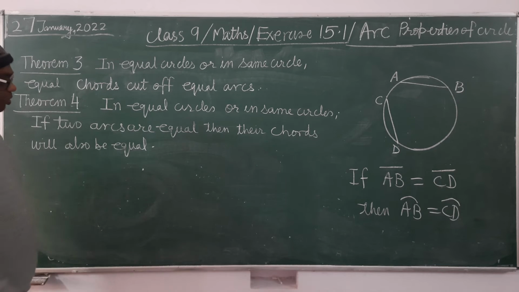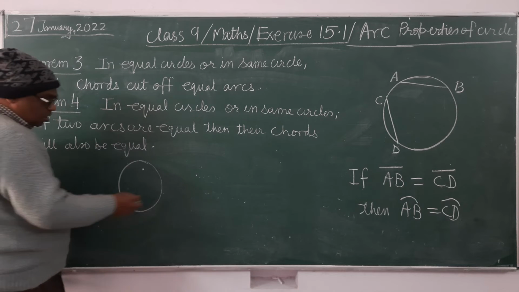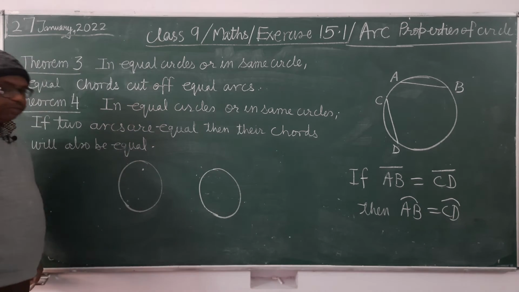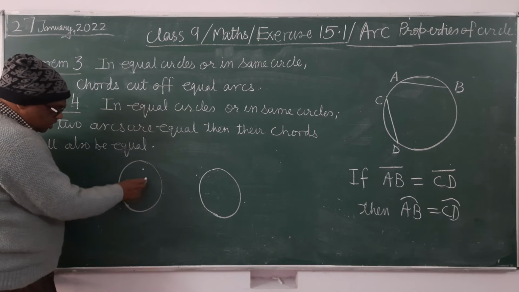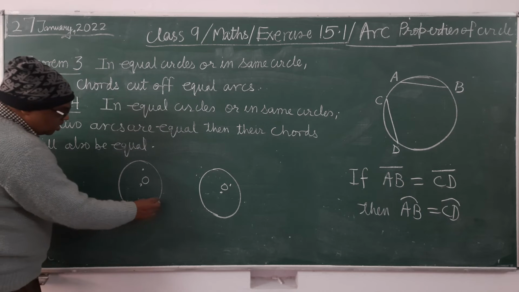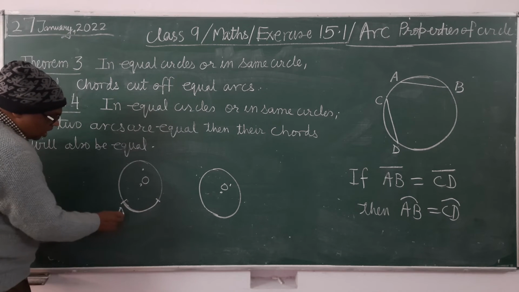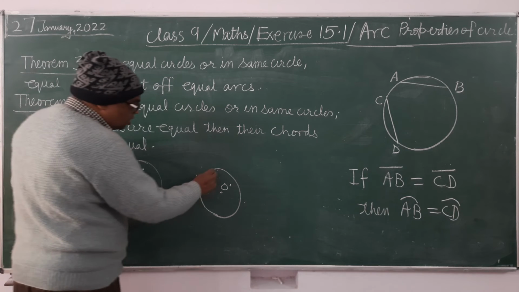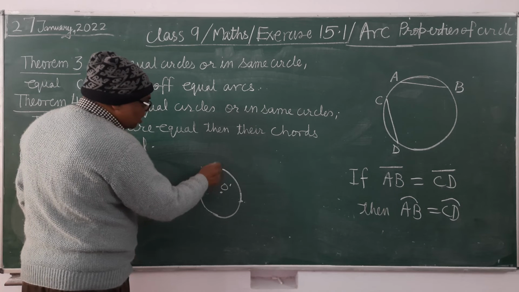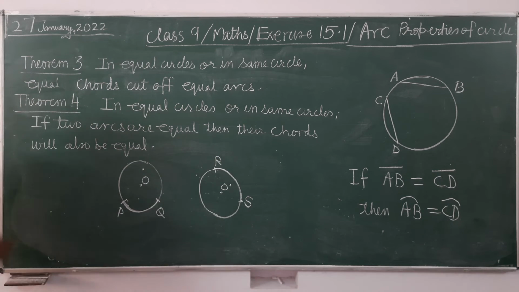Is it clear? Suppose these are two equal circles, one circle is this and another circle is this. Both have the same radius. Its center is O, here the center is O dash. Now there is one arc PQ, this is arc PQ and this is arc RS. Both the arcs are of equal length.